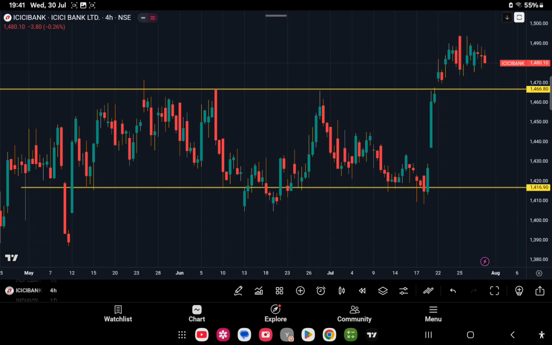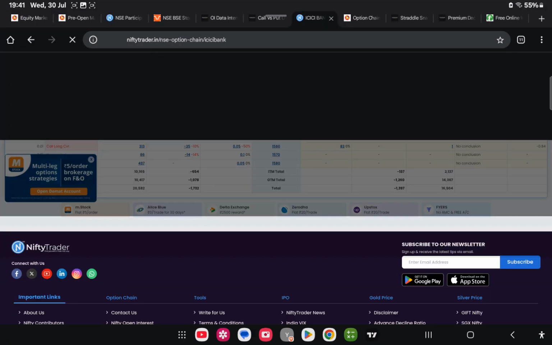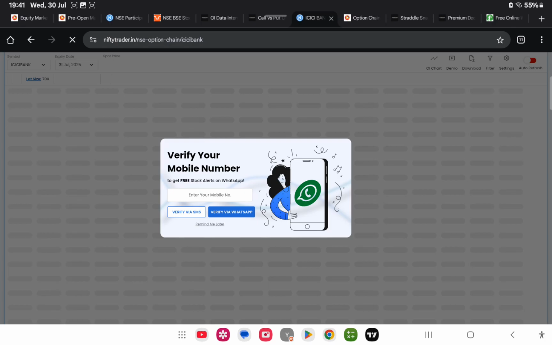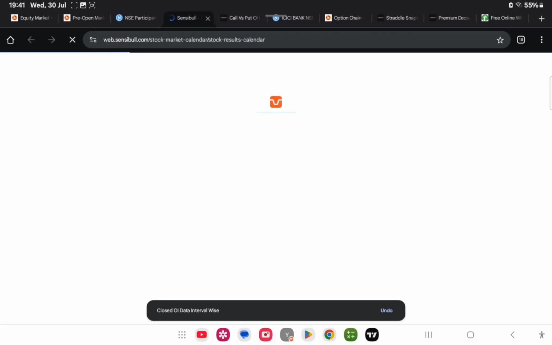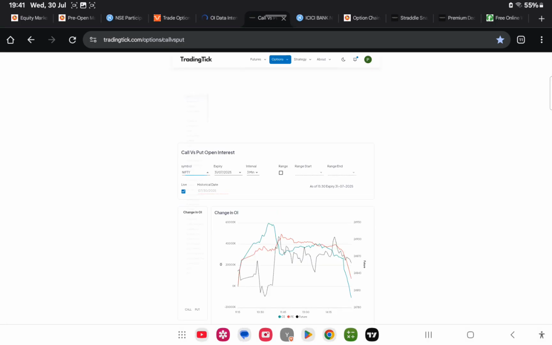Now we'll go to the main picture, that is the OI, to have more confirmation in our views. Let me just take the overall OI. I'll take this one. We'll start with Reliance.